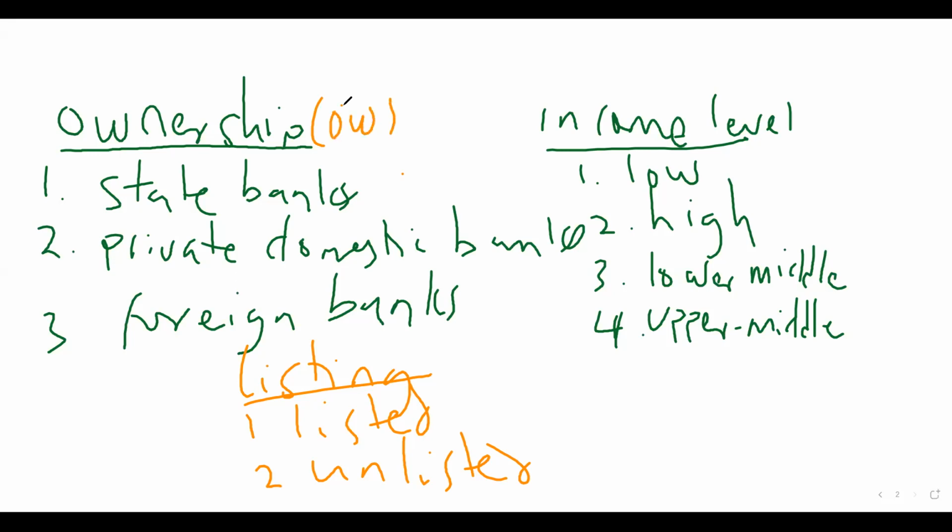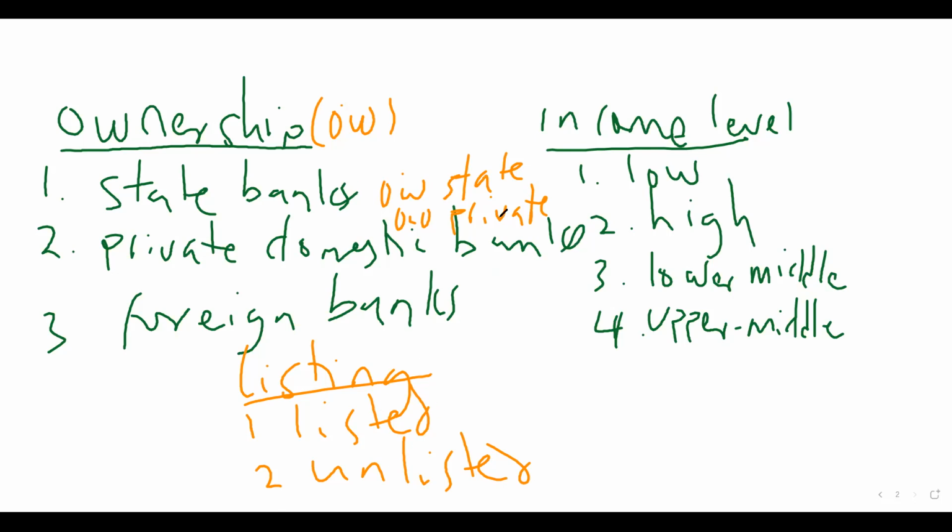And so you will have OW state, as one of the dummies, and then OW private. But you will not see OW foreign, because that will be used as a reference category. So anytime you mention state banks, you are saying state banks are doing well relative to foreign banks. And anytime you are talking about private domestic banks, you say private domestic banks are doing well relative to foreign. So foreign now becomes the reference category.